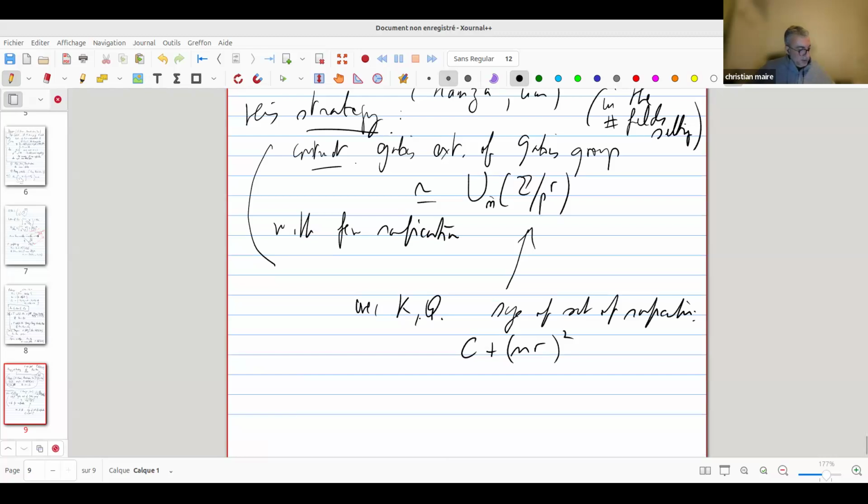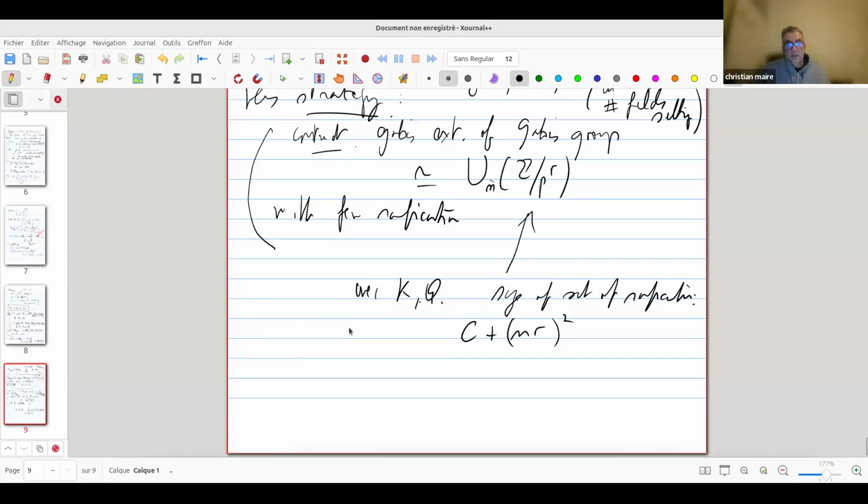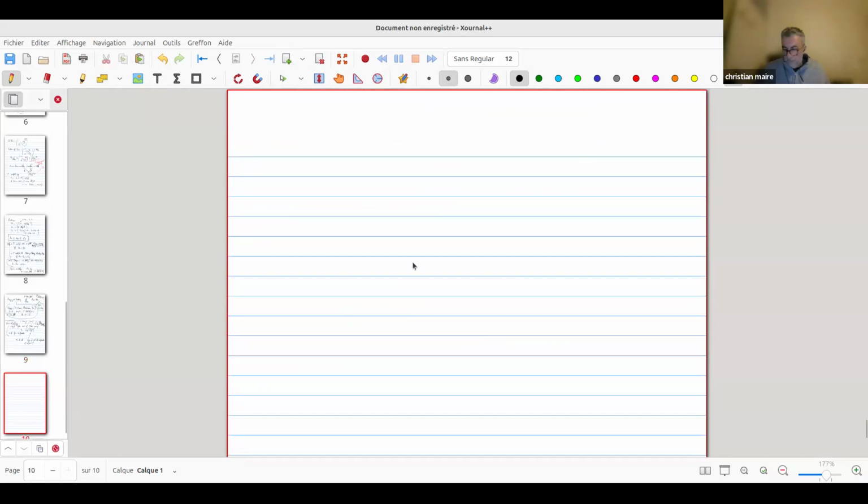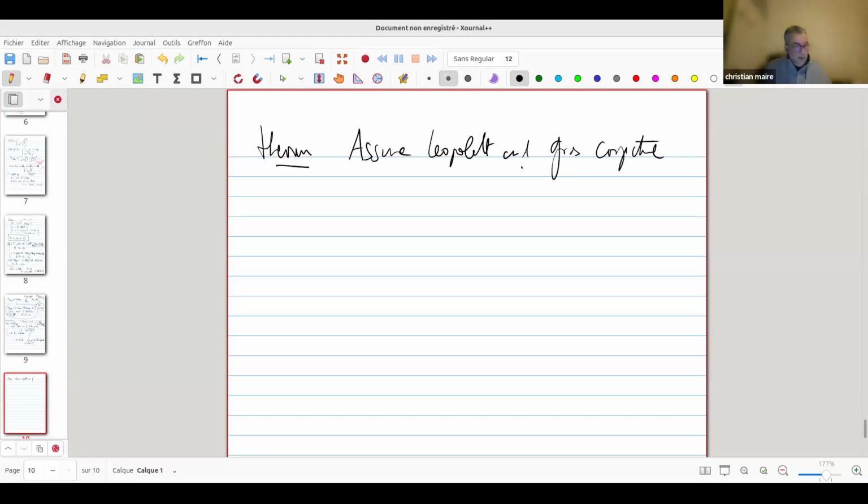So maybe I just mention one theorem, and I will stop here. Theorem. We assume two conjectures: the Leopoldt and Gras conjectures. I just mention what the Gras conjecture is. Take m at least 1.